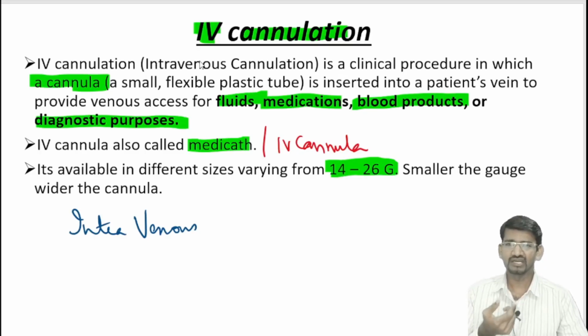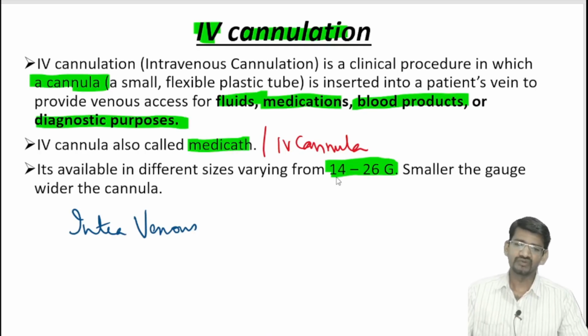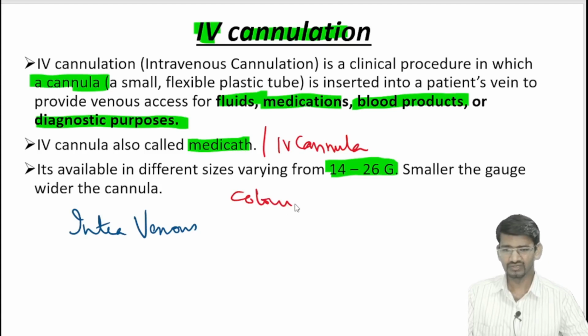Gauge means the diameter, the outer diameter of the cannula, so the cannula is measured in terms of gauge. The different sizes of cannula we have are based on the gauge of the needle, with different color codes for cannulas.